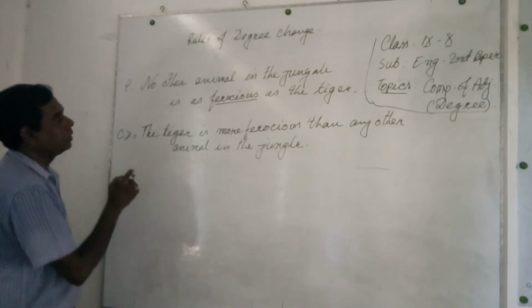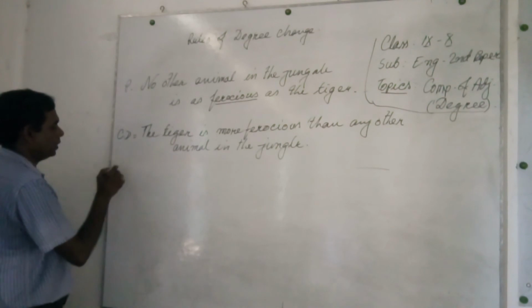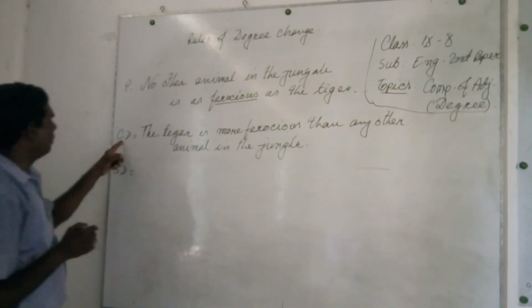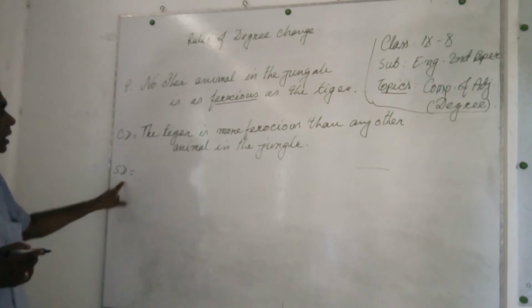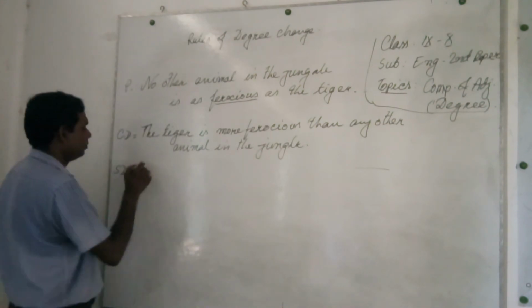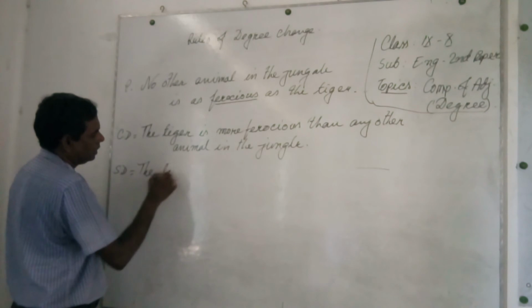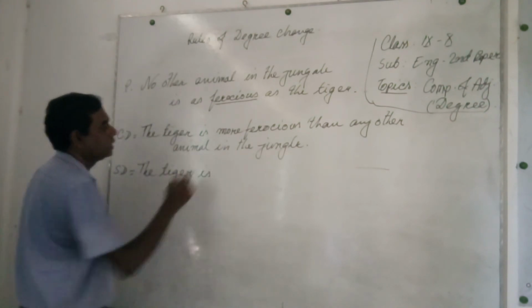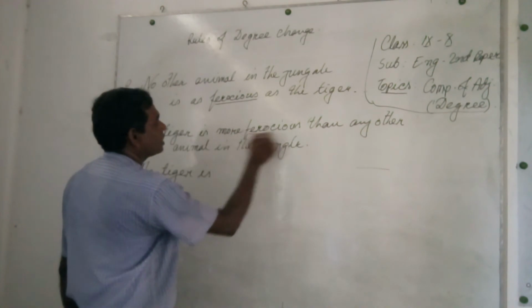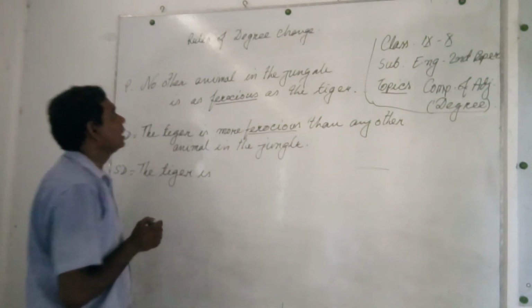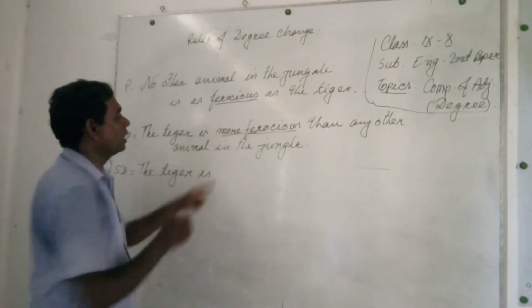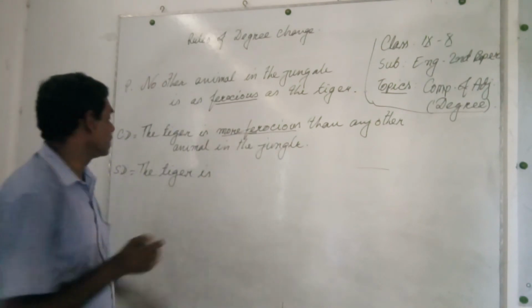Now we change it into the superlative degree. The comparative and superlative degree subject will be the same. The tiger is ferocious: positive ferocious, comparative more ferocious, and superlative most ferocious.